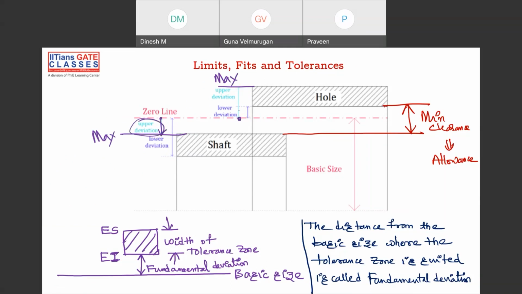If we go from the zero line to the minimum value, this is the minimum value of shaft, and this is the minimum value of hole as well, right? So the lower deviation is this for the shaft, and this for the hole. Is it clear, guys? Any doubt in this? Please make this clear.